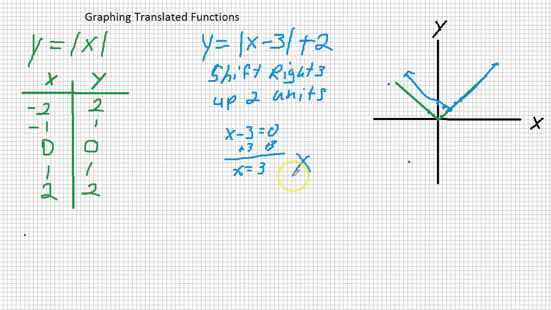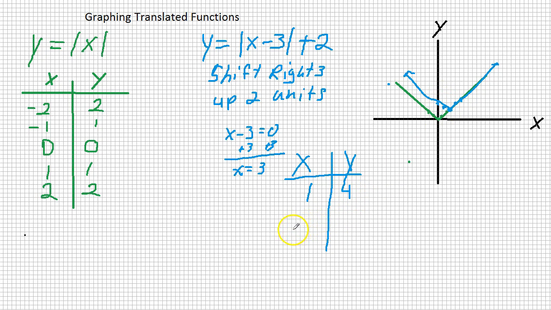So really what we have here for our x and y's, we take negative 2, add 3 to it, and we get 1. And then we add 2 to our y coordinates. 2 plus 2 is 4. The point 1, 4 right there.